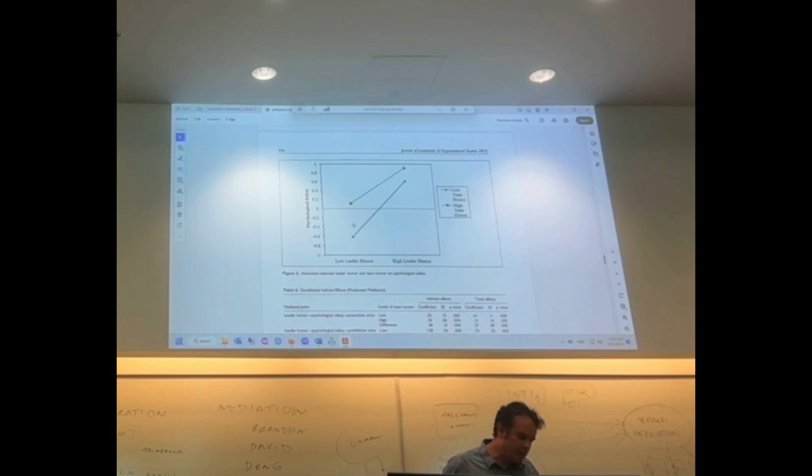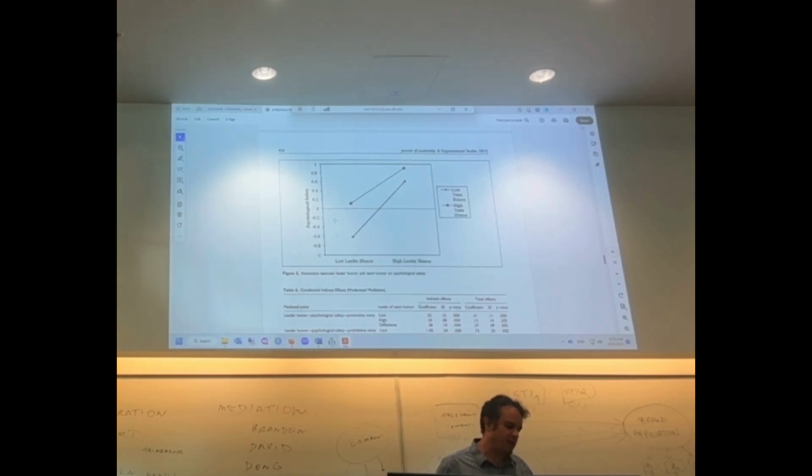So it's showing that the slope changes. For high team humor, the relationship with leader humor is weaker, right?